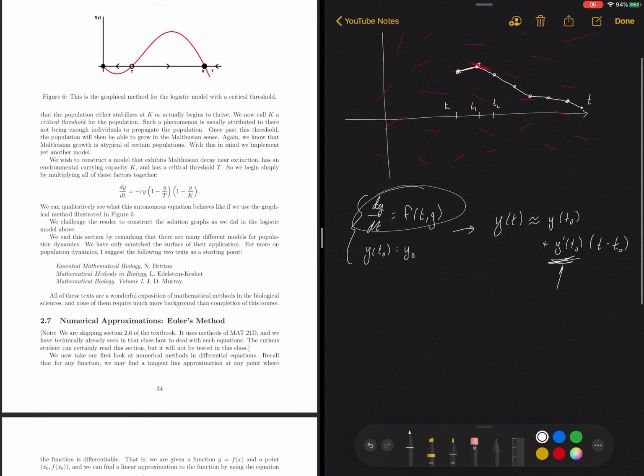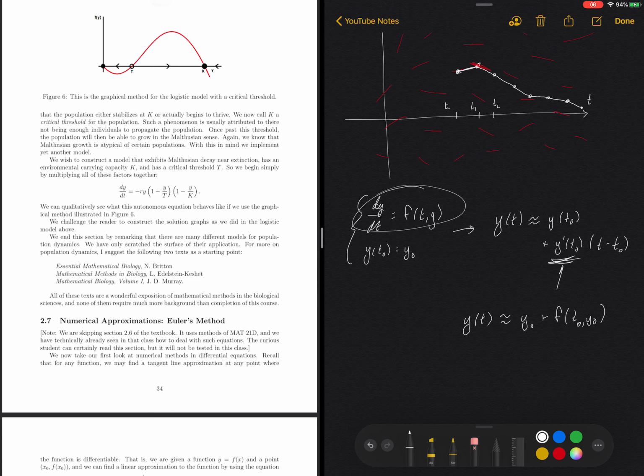This would be my tangent line approximation, right? We remember this from Calc 1. But I know what this y prime is by my differential equation. So specifically, y of t is approximately equal to y of t0. Hey, I actually know what that guy is too.